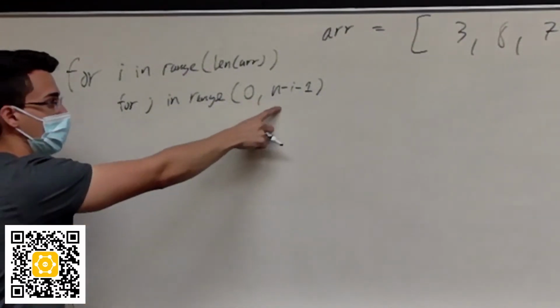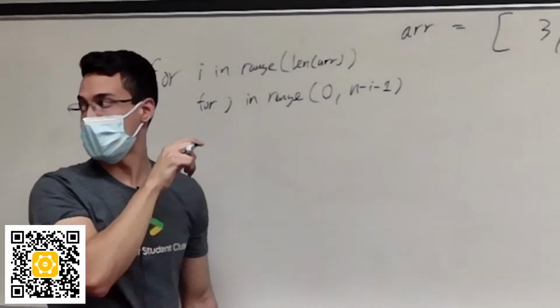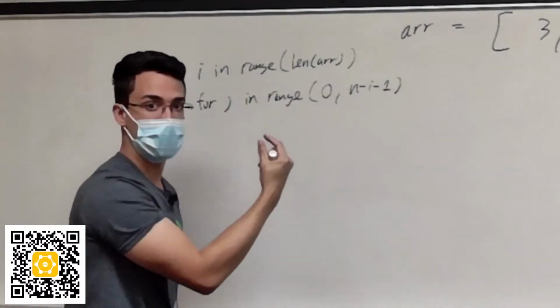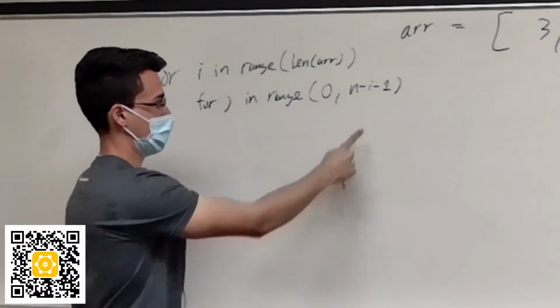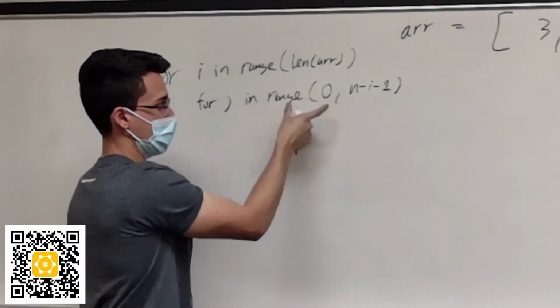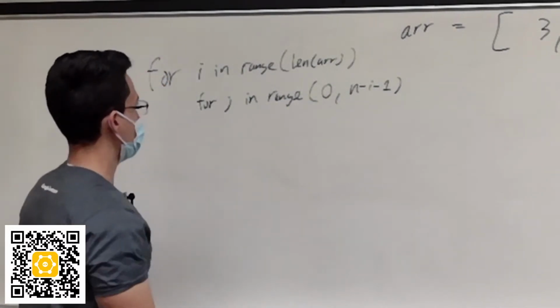And of course, every time we go down, we're going to keep on decreasing the size of the array. So that's what this is. This i keeps growing, so you're going to keep decreasing the size of the problem we're working with.